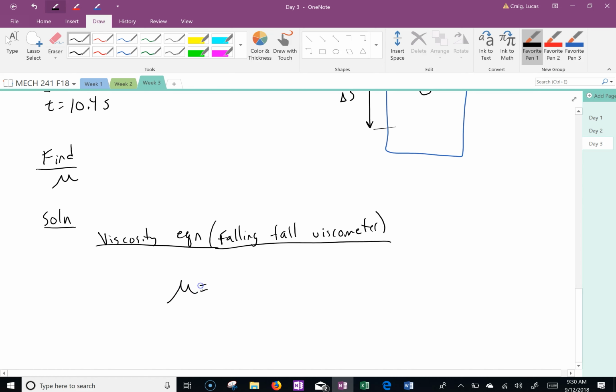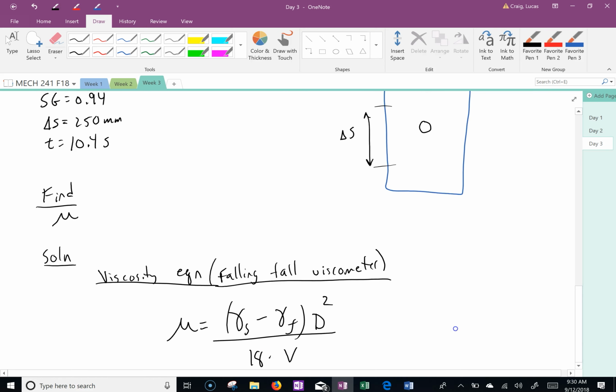So mu equals gamma S minus gamma F, d squared over 18 times the velocity. What assumption do you use in this case?